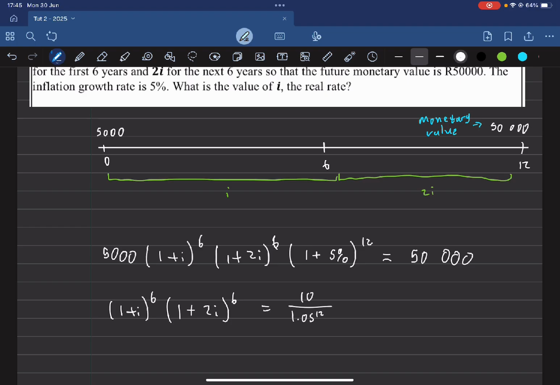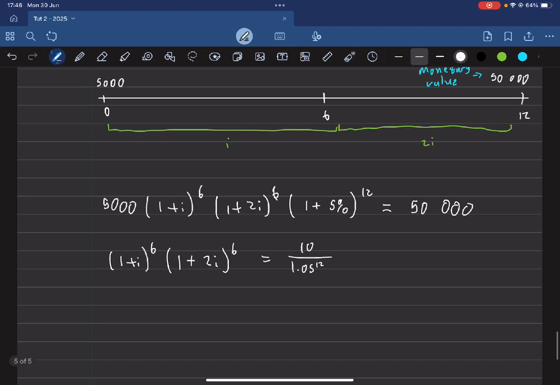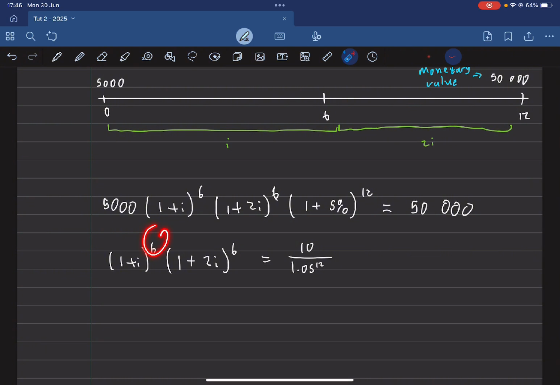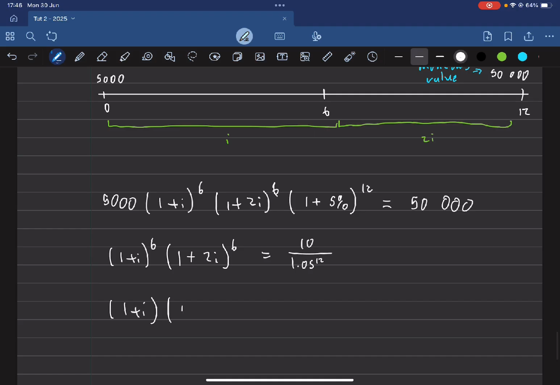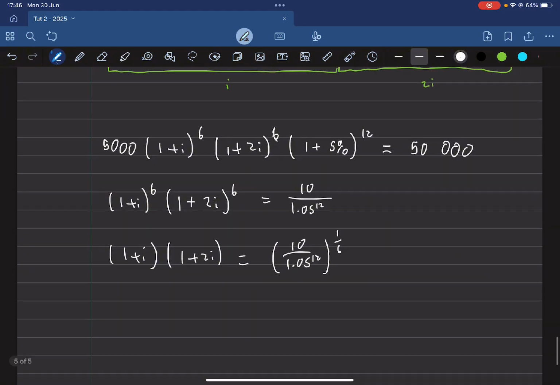Now I'm going to raise both sides to the power of 1 over 6 to get rid of these exponents. So then we'll get 1 plus I multiplied by 1 plus 2I, and that's going to equal 10 over 1.05 to the 12, to the power of 1 over 6. Okay, now let's multiply out the brackets.